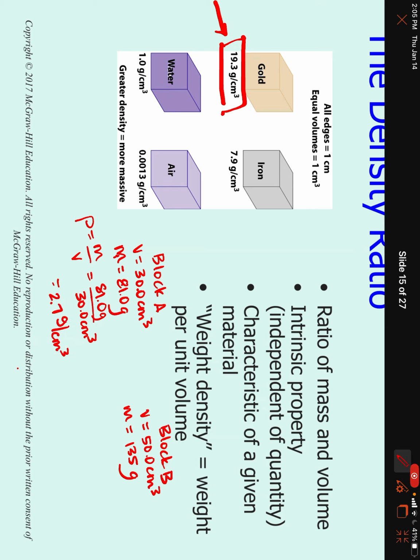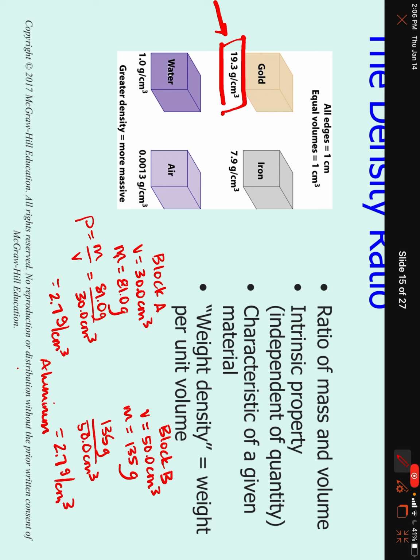Okay, so do the same thing for these values over here. So you have 135 grams divided by 50 centimeters cubed, which is 2.7. So you have the exact same number. Well, then if you were to go to that table 1.3, you would see that 2.7 is the density for aluminum.